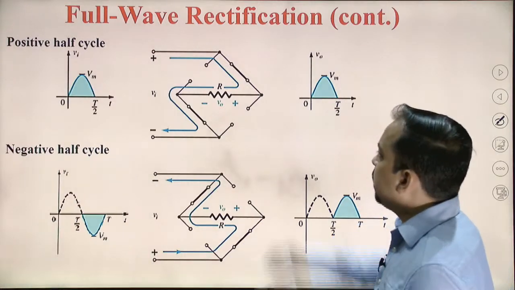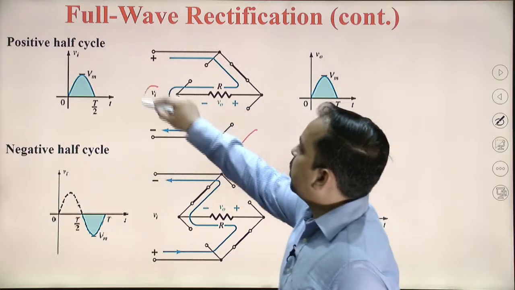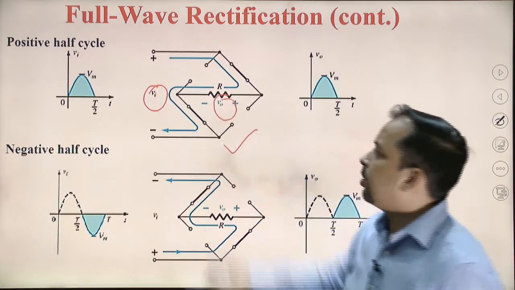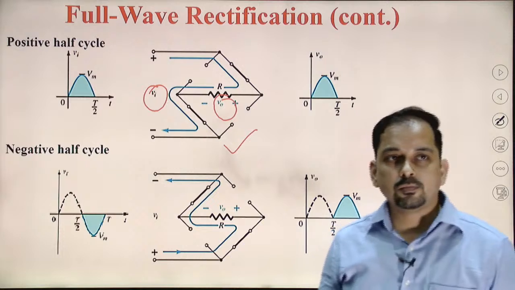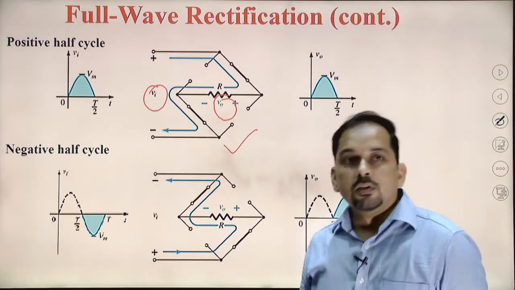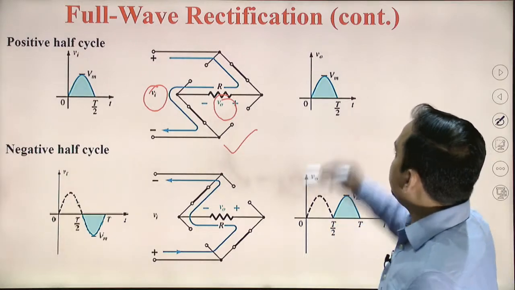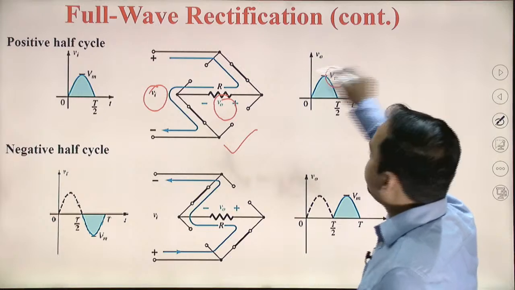We have drawn the equivalent circuit here, and if we apply KVL in this particular loop, we can observe that V output equals V input, means whatever input signal we are applying, the same kind of signal we are getting at the output side. So we will draw the signal.